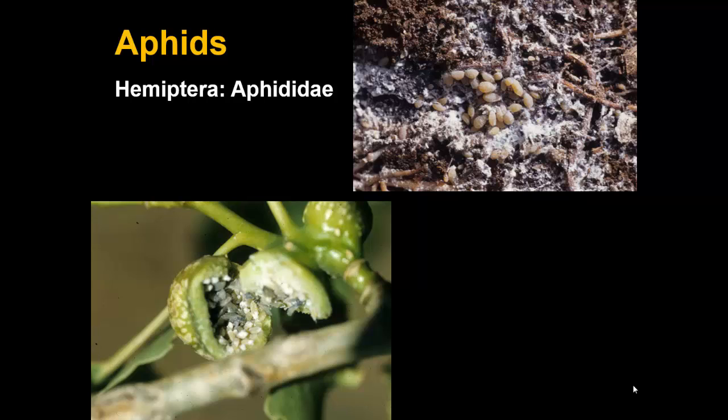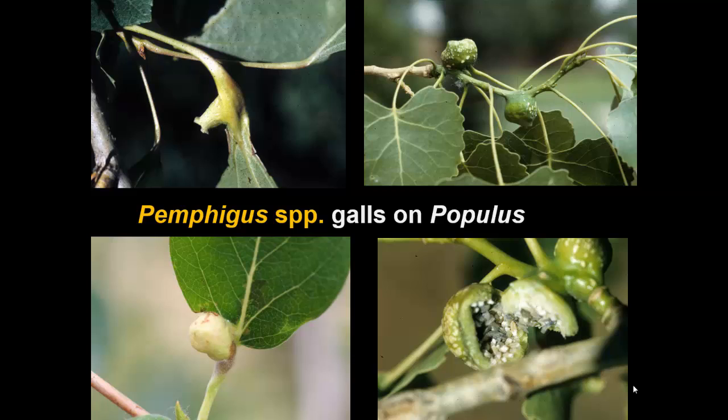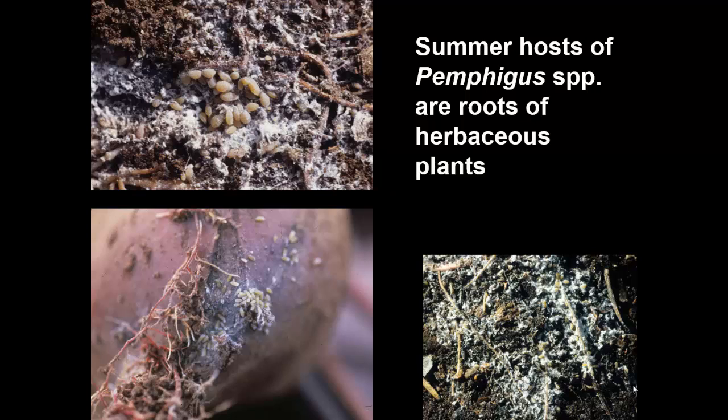Most commonly, we see aphids producing galls that are on populus, cottonwoods, poplars, less commonly aspen, but some strange growth that is found on the stem, on the leaf, and perhaps on the petiole. A growth that is produced by a gall-making aphid in the genus Pemphigus on some sort of populus species.